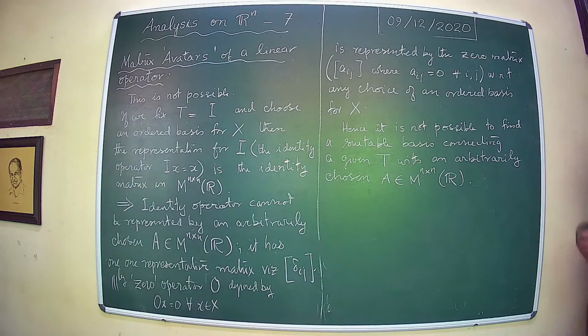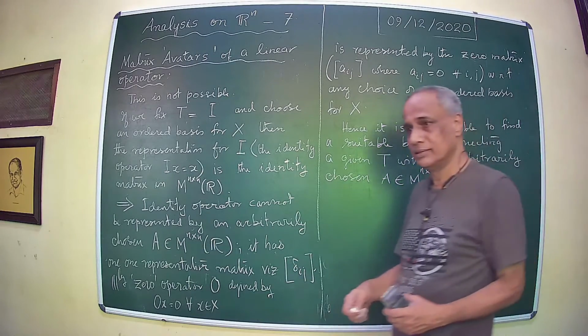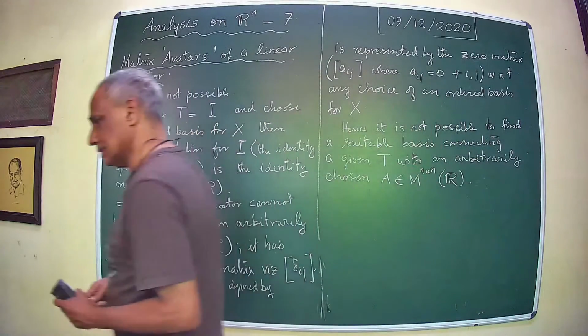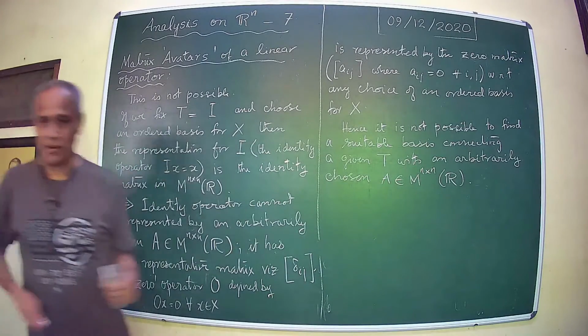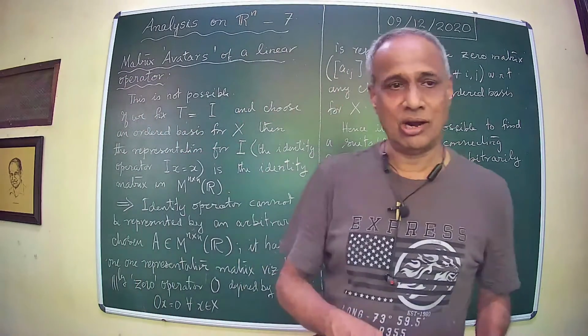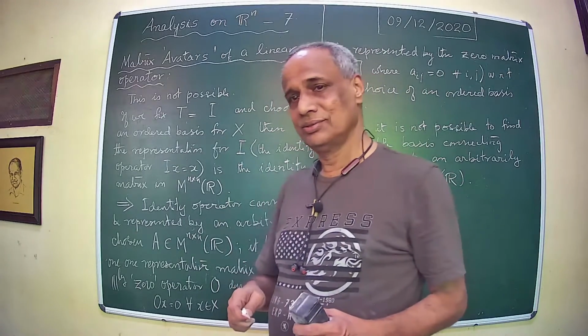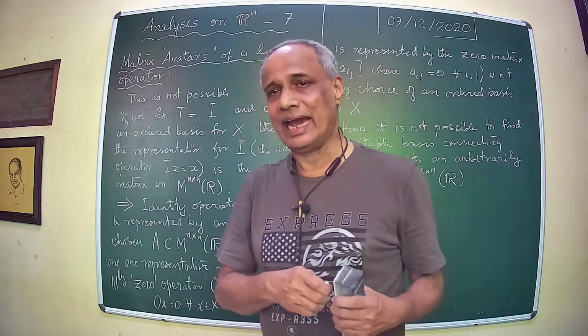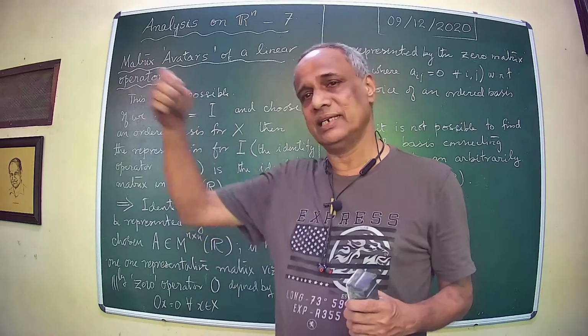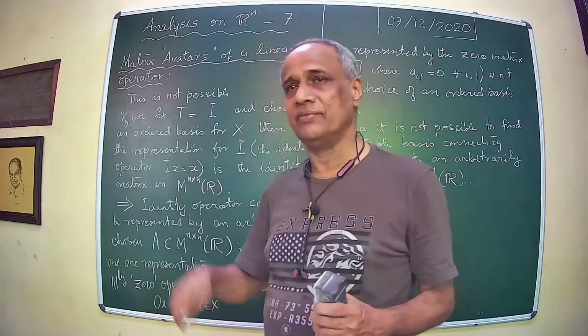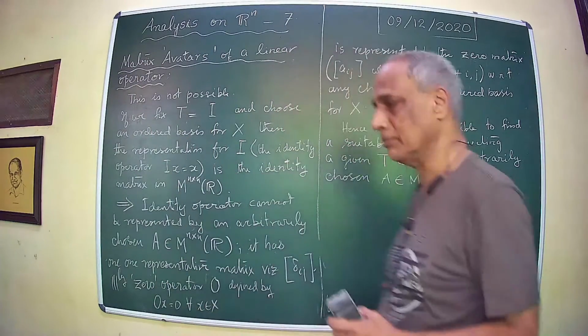So what we ask now is this. However, we see that some T may have a representation A and a representation B, and we also worked out the connection between them. Okay.